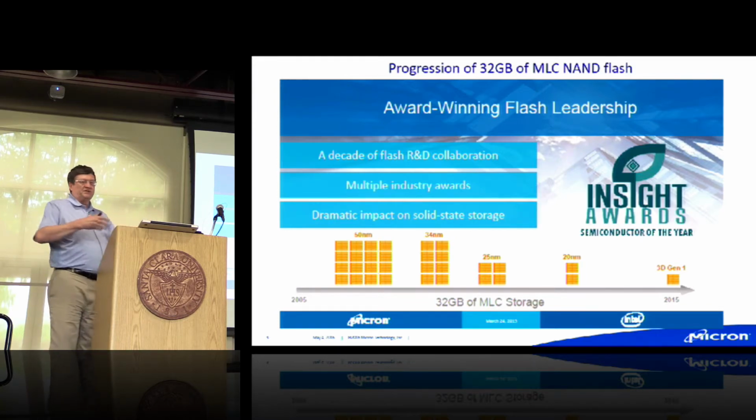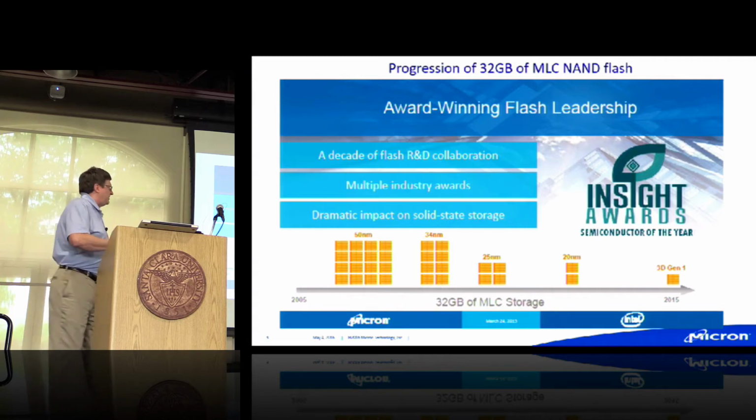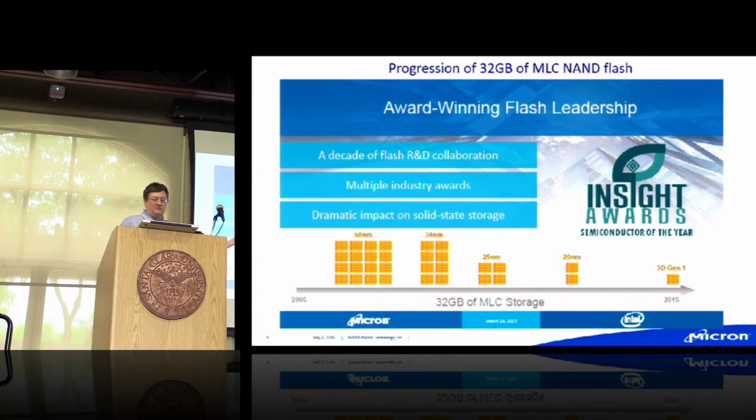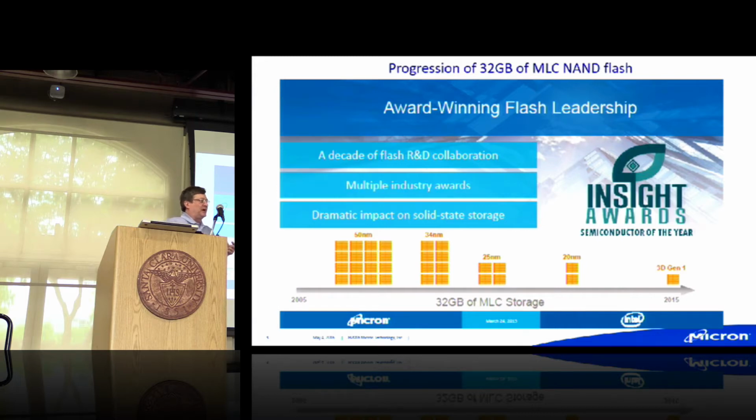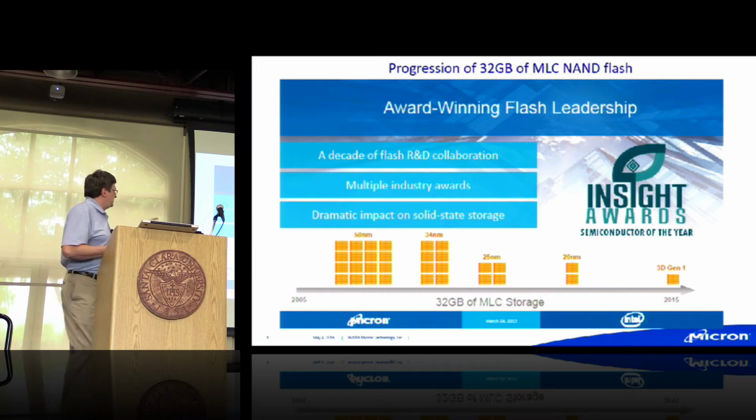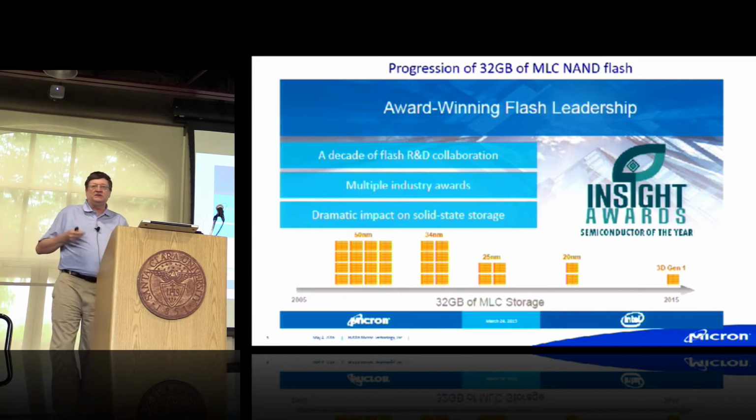But it gives you the sense of scale on geometries and where first generation 3D NAND is in terms of how many die I need to form a 32 gigabyte repository, right? You can see the progression over time. Starting about 10 years ago or so, at 50 nanometer, we needed 16 die.